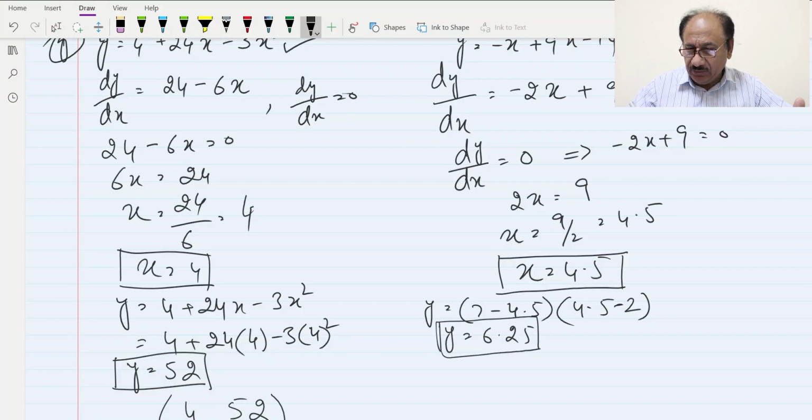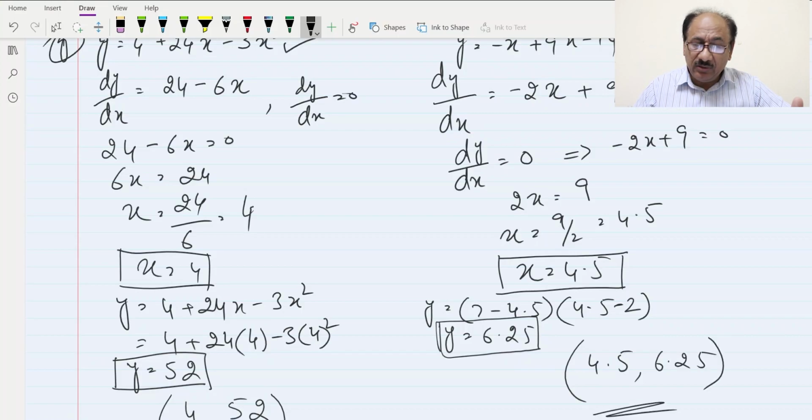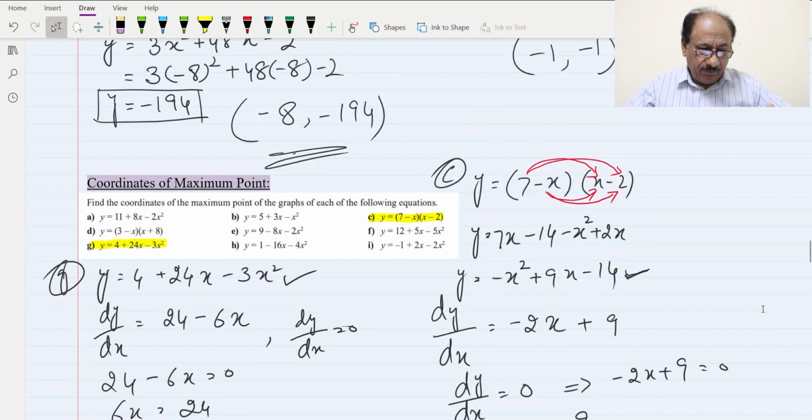And now the final step. Final step is writing the coordinates of the turning point, which is 4.5 for x and 6.25 for y value. This is done. We have done basically today the utilization of differentiation for turning points to find the coordinates of the turning points, and we have done maximum points.